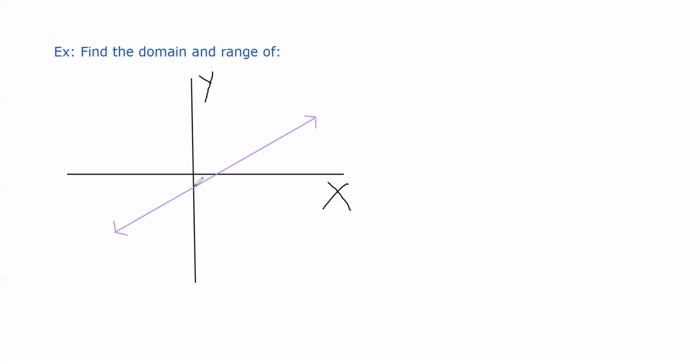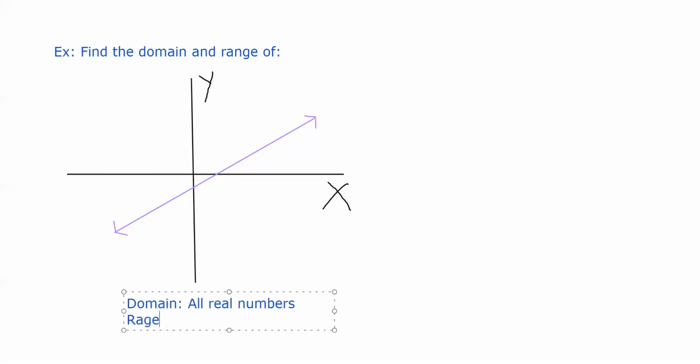Anything you want on the x-axis has something on the line. The same is true along the y-axis. You go up and down the y-axis, and you can find a point, even though it looks like it's not there. Remember, this arrow draws it on, so you can actually find something. So that's going to be a telltale sign that the domain is all real numbers.